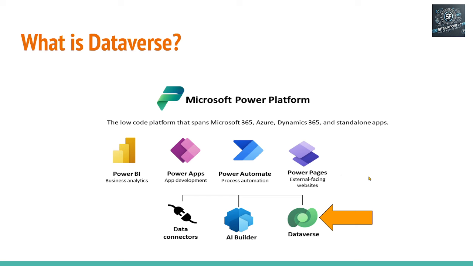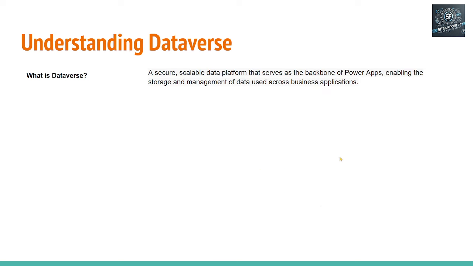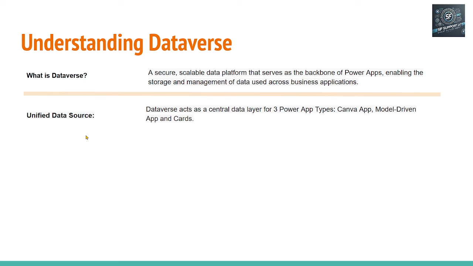Let's understand Dataverse a little more. Dataverse is a secure, scalable, meaning it will scale, data platform that serves as the backbone for Power Apps, enabling the storage and management of data. Unified data source. Why is Dataverse called a unified data source?